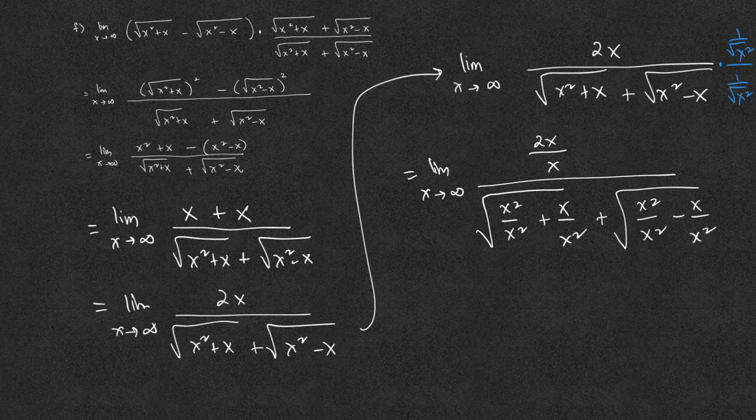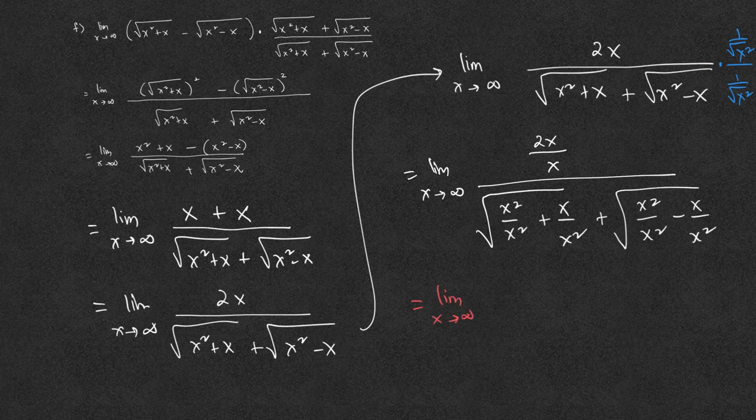Again, we take every single term and multiply it by 1 over the square root of x squared. Notice that in this case, we use the fact that the square root of x squared times 1 over the square root of x squared is the square root of x squared over x squared.